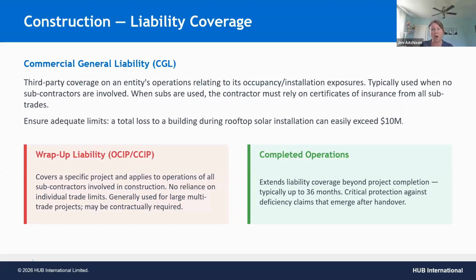So if your subs cause a loss, and your contract is, say, with the building owner, they would sue you for those damages. And if you didn't cause those damages, you would need to pull the insurance from your subcontractor.